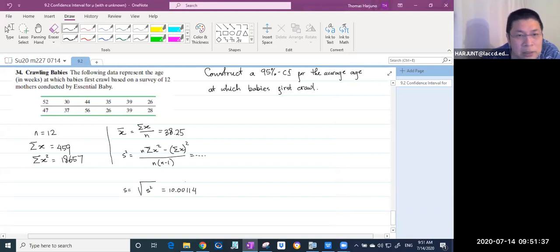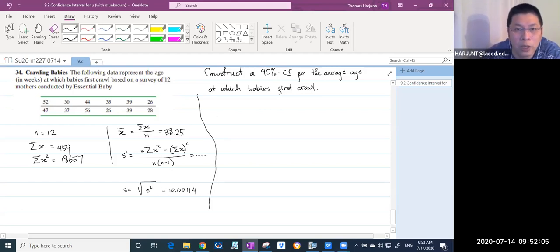Unless I say use your calculator feature to find this, then you just give me x bar equals what, s equals what, that's it. But if I say compute without using the calculator, I don't explicitly say use calculator feature, then you need to show me the work. I do it fast right now so that you can do this yourself. I just borrow the result from the calculator.